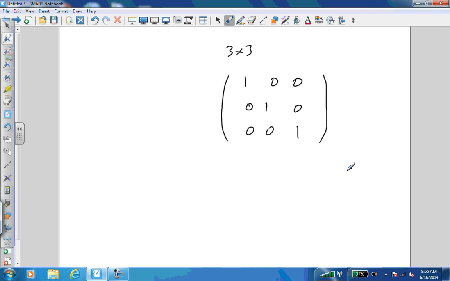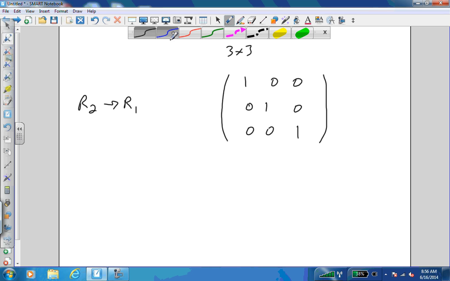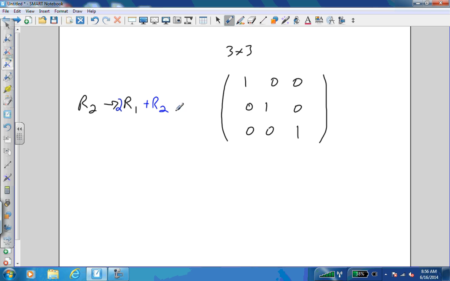So let's suppose we have another matrix and we need to get our new second row: we need to take the previous first row times 2, and add that to our previous second row.